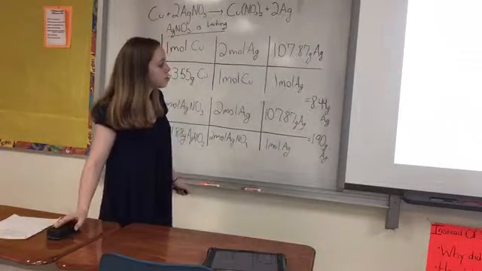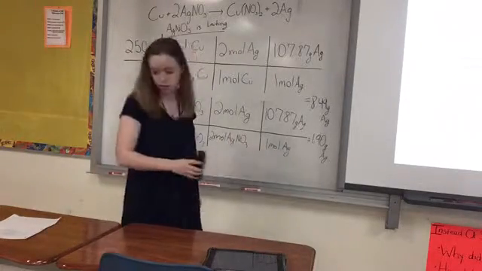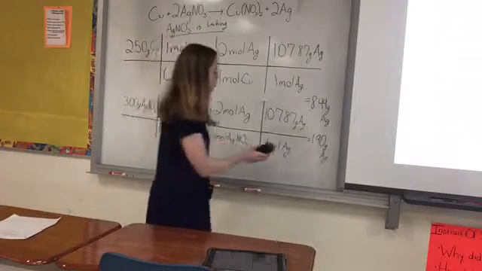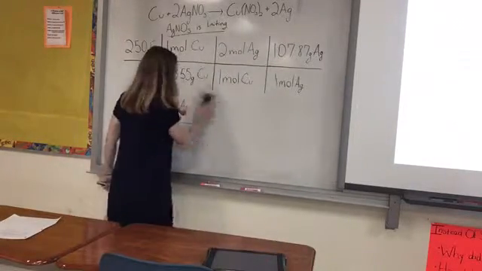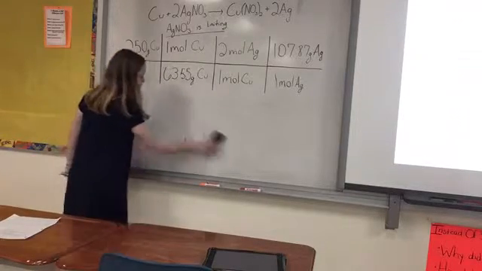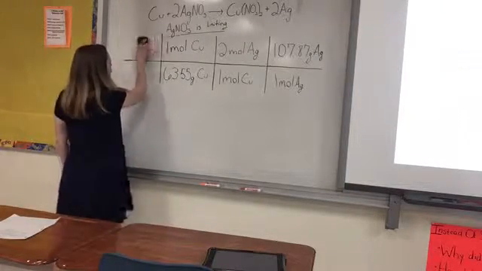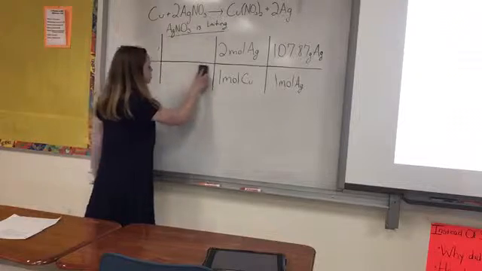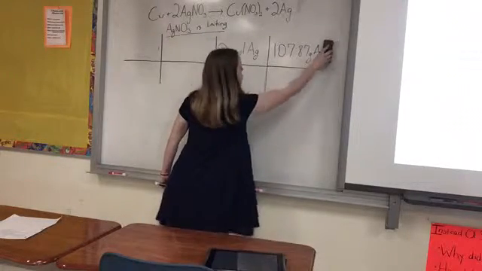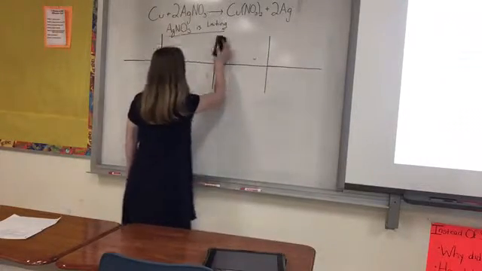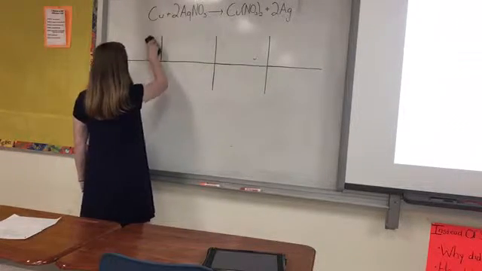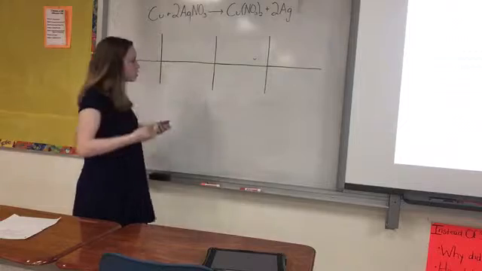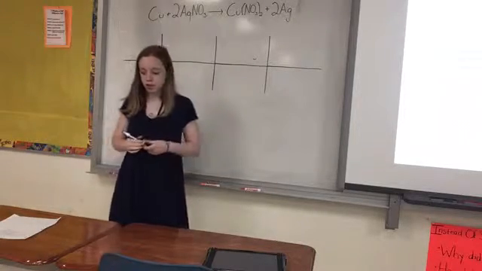And then the last thing we have to do is part C, which is asking how many grams of the excess reactant will remain. So I'm just going to erase this and this. So for this one, we're going to do another fence, and there's actually two ways that you can set it up.